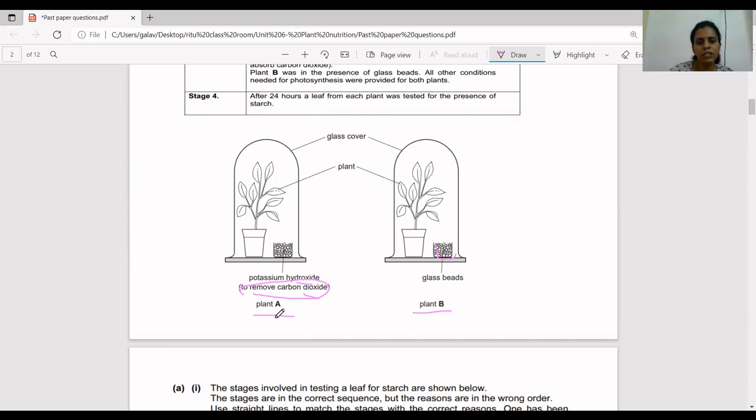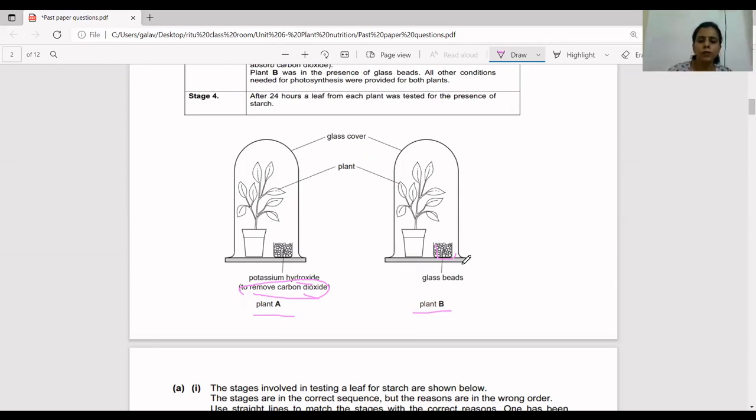Hence here carbon dioxide gas is the factor being investigated in this particular experiment. And plant B is being provided everything. Plant B is receiving carbon dioxide gas, an appropriate amount of sunlight, and water, and it already has chlorophyll in the leaf.